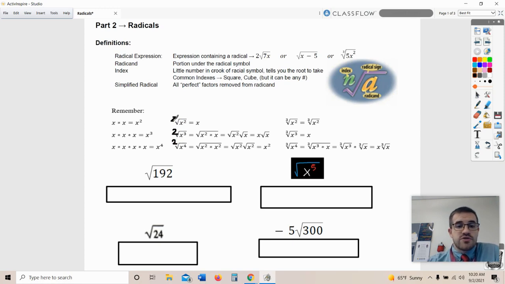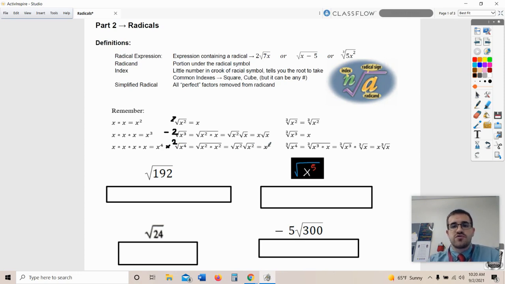So right here, 2 goes into 2 one time, leaving us with just x to the first. On the second one right here, 2 goes into 3 one whole time with a remainder of 1. And on this one down here, 2 goes into 4 two times, leaving us with x squared.